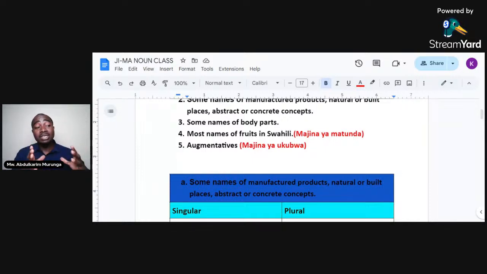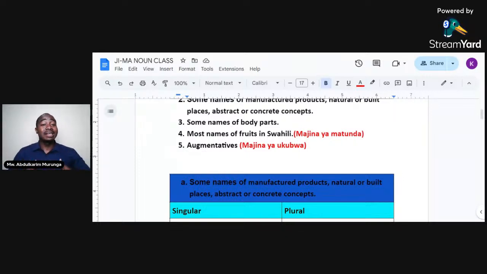So all the names that have been magnified in this form will fall into the Jima class, and most of the names start with G. Now, mtu is a person, and mtu is another class, the mwa class. But if we magnify this word mtu, we say jitu, giant.